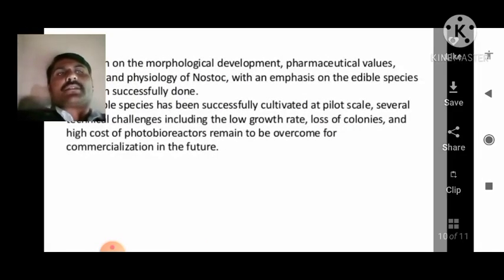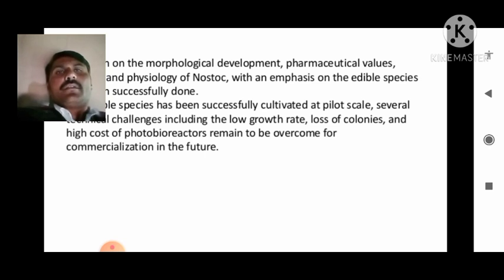So, friends, regarding the Nostoc, we have gone thoroughly with each aspect, touching thallus, habit, occurrence, systematic position, then reproduction, as well as the life cycle of the Nostoc.